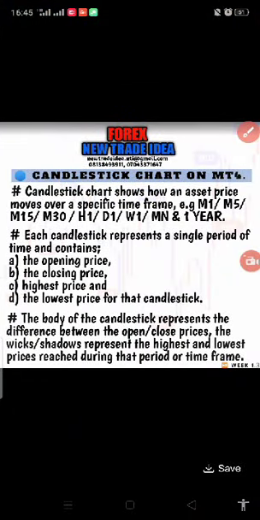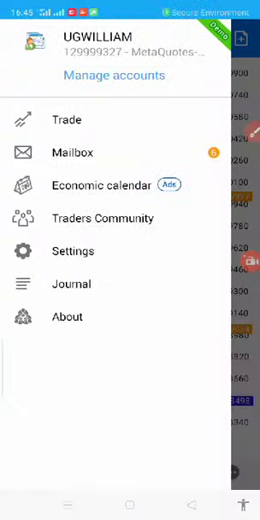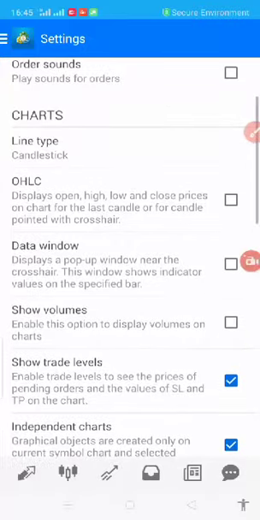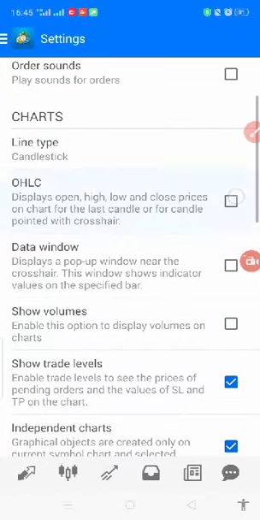So each candlestick represents a single period of time and contains the opening price, the closing price, the highest price, and the lowest price for that candlestick. Like what I was explaining to us right here. Let's go to this open, high and low. You click on it.